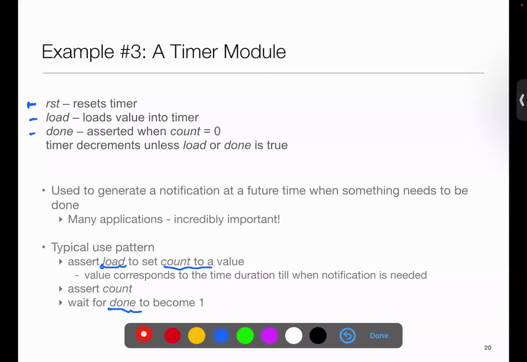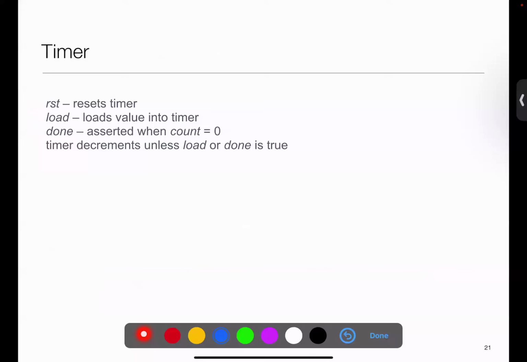Then I tell it to start counting, and the timer counts down. When the count reaches 0, it makes the done signal high. Once it hits 0, it will stay there. So it fires. That's a very generic timer, nothing specific about it.